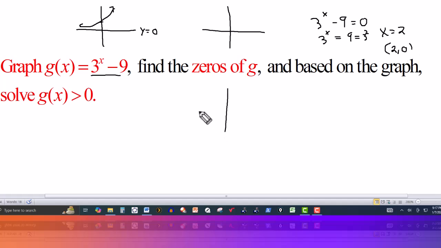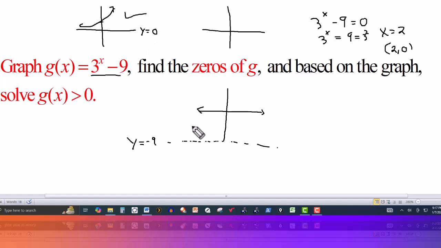So the graph of this would look like this. It's the same graph that I have here, except you move it down 9 units because of the negative 9. So instead of having a horizontal asymptote at y equals 0, you have it at y equals negative 9. Let's suppose this is a horizontal line, y equals negative 9, which would be, of course, the asymptote.